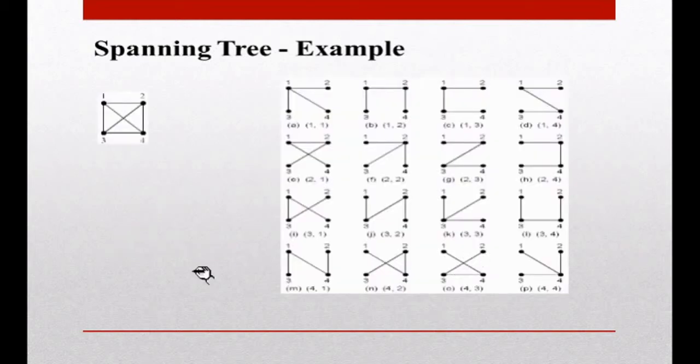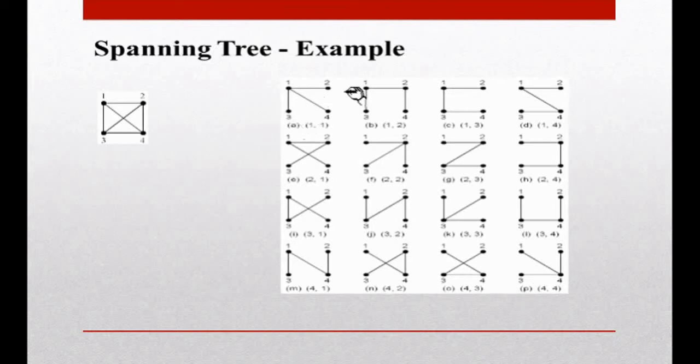Let's look at another example with 4 vertices. This is also a complete graph, as you can see. So we have 6 edges. A complete graph with n vertices will have NC2, n into n minus 1 by 2 edges. So in this case we have 4 vertices, so we have 6 edges. From this particular graph we can generate 16 spanning trees.